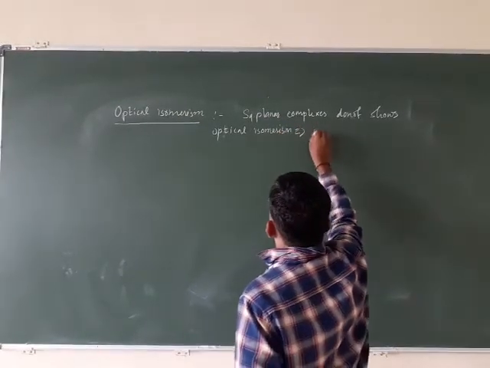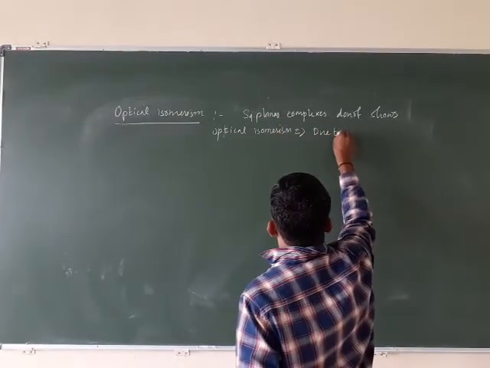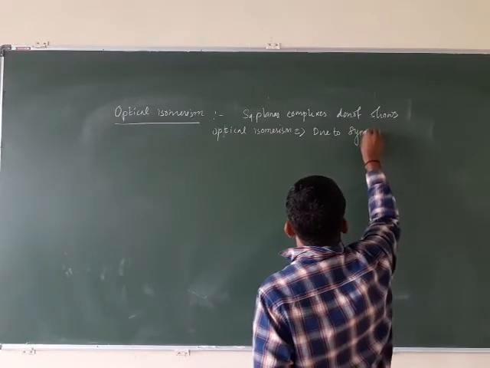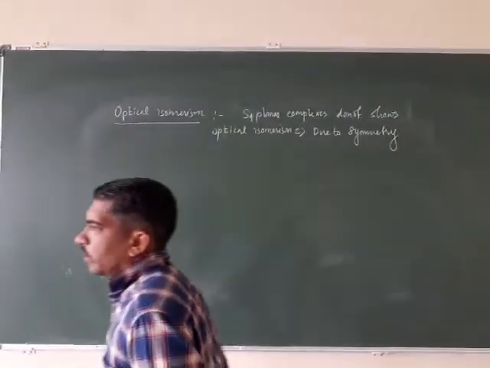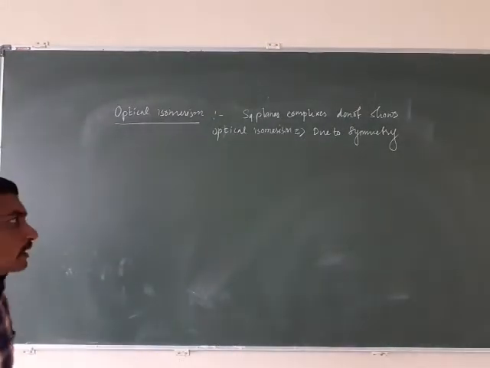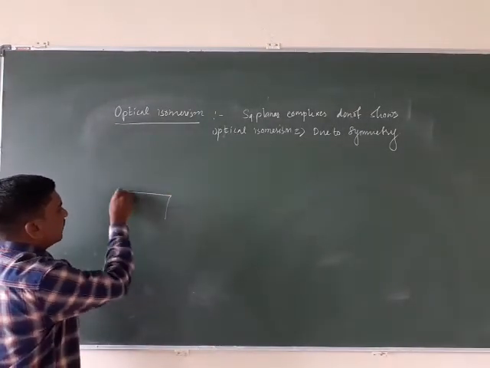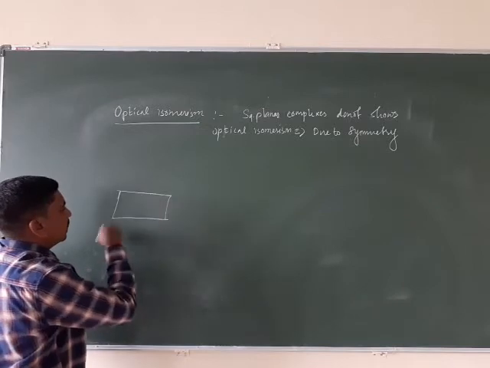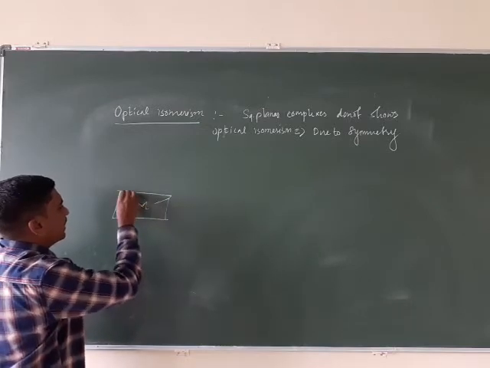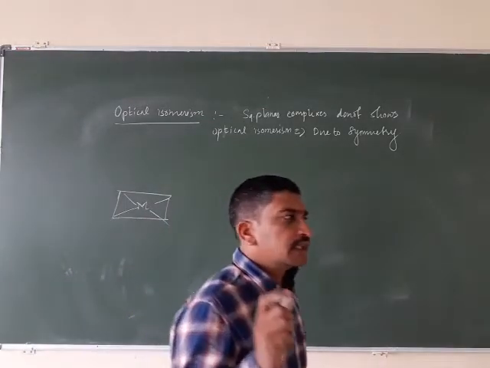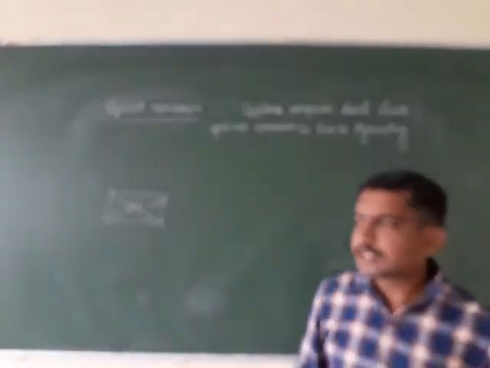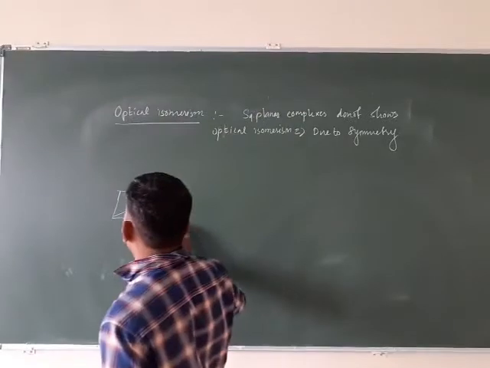Why? Due to symmetry. Okay, so whenever you discuss the square planar complex, all the metal and ligands are present in a single plane, and that's why there is a plane of symmetry.